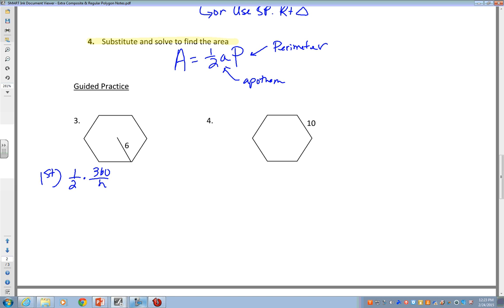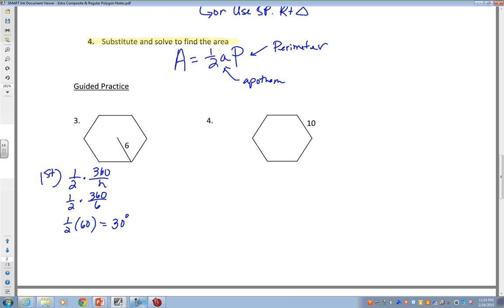How many sides does this shape have? 6. So I'm going to plug in 6 for n. I'm going to have 1/2 times 360 divided by 6. What is 360 divided by 6? 60. What's a half of 60? 30. So our angle is 30 degrees.